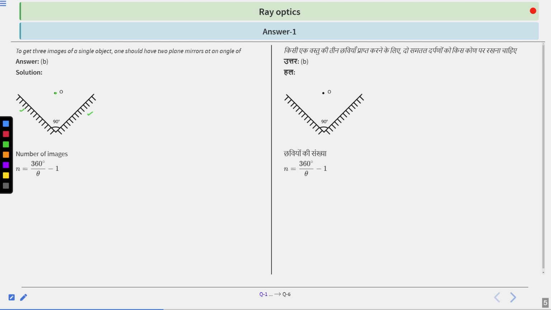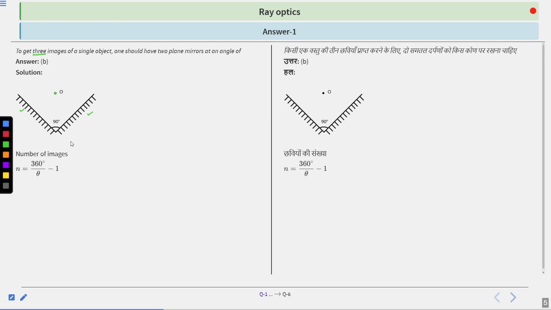To find the angle, we will use the formula for the number of images: n is equal to 360 divided by theta, minus 1. So we have to find theta. The number of images given in this question is 3.